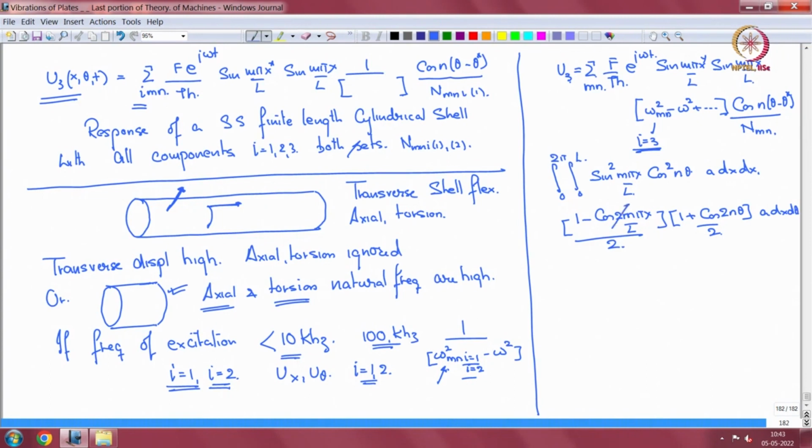Now these will integrate to 0. So I have 1/4 into a into twice pi into L. So this is L a pi by 2, for n not equal to 0. For n equal to 0, it will turn out to be L a pi.